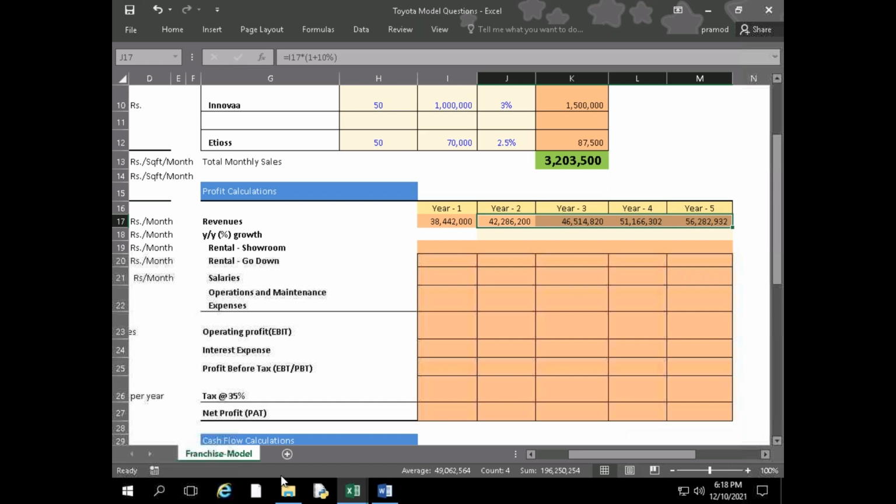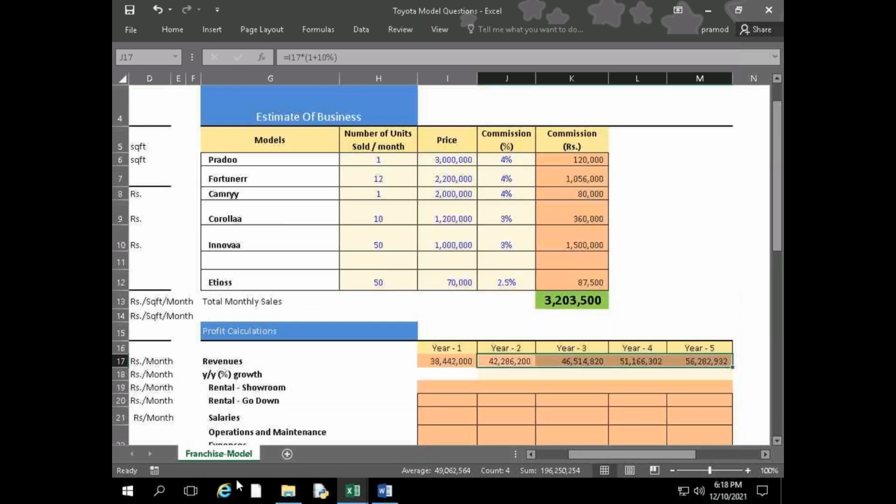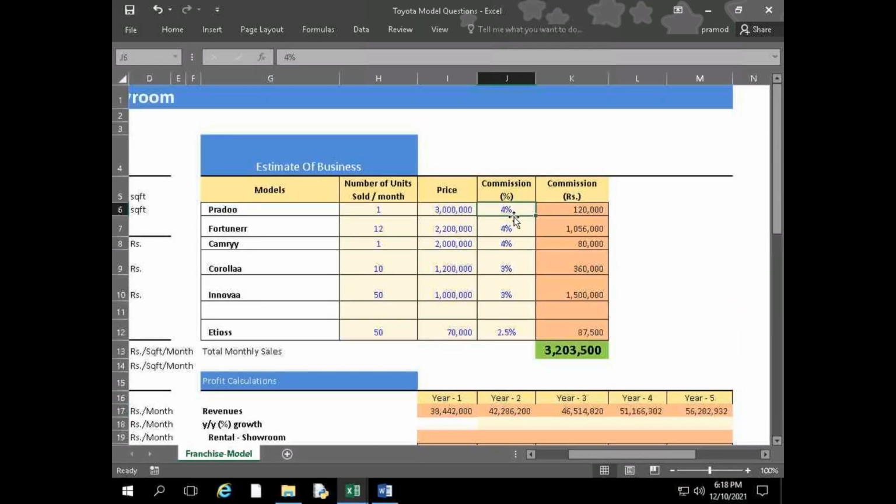H6 into I6 into J6. You have only typed this 4%. I6 into J6, sir.